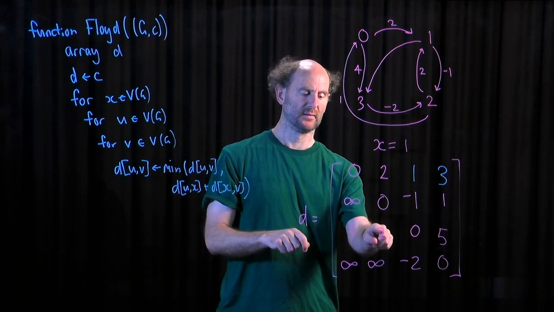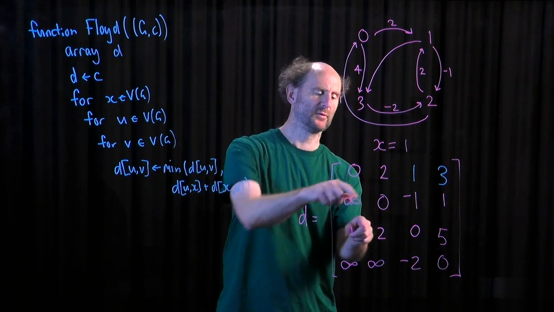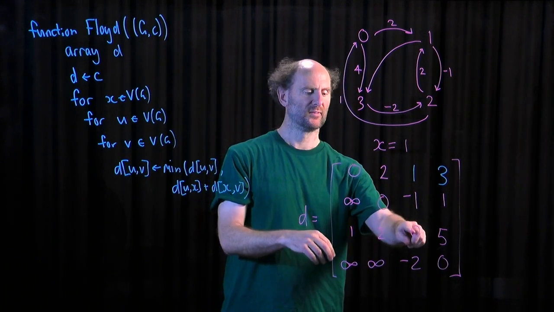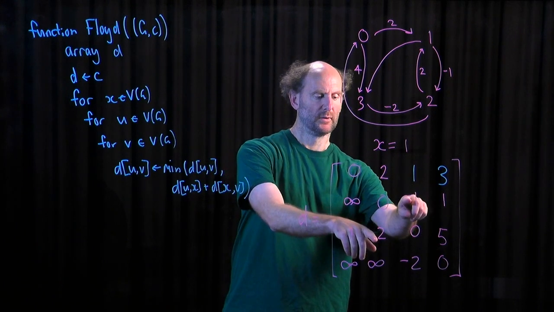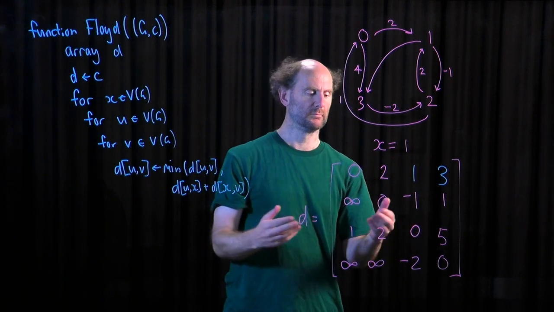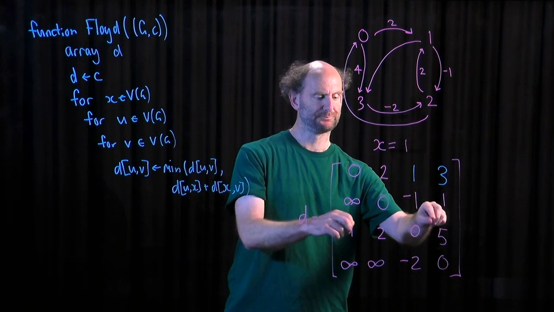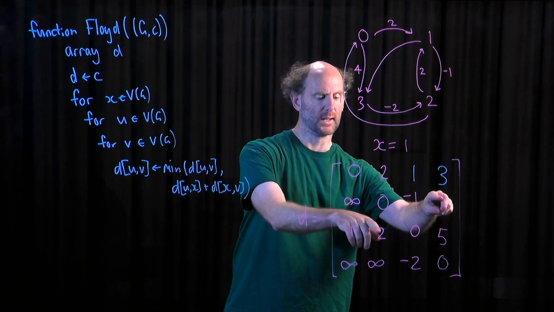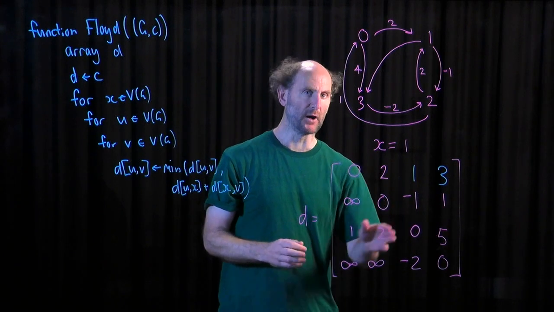Is this 2 greater than the sum of 0 plus 2? No, it's not. Is this greater than the sum of minus 1 and 2? No, it's not. Is 5 greater than the sum of 1 and 2? Yes, it is. So we can update the 5 to be 3.